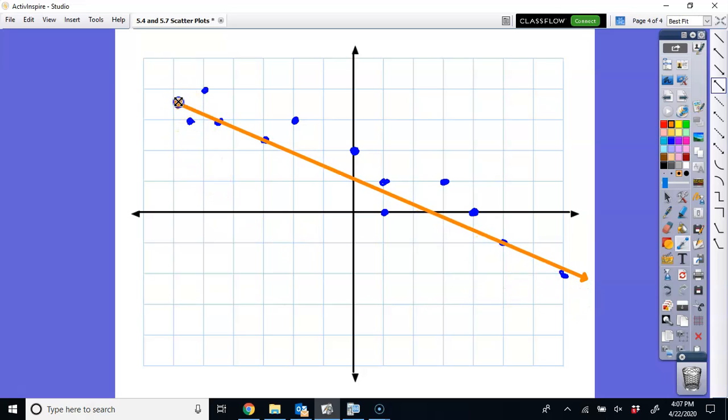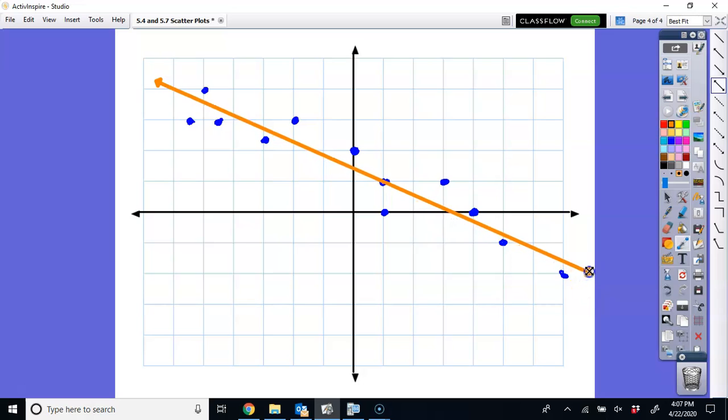Even this one, to me, is not the best fitting line. It's good, but it's not the best. In my opinion, I need to move this up a little bit here. And I probably would say, maybe move that up a little bit right there to fit all the points the best. It's never going to be perfect when you're doing this by hand.